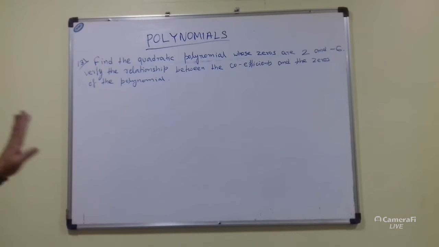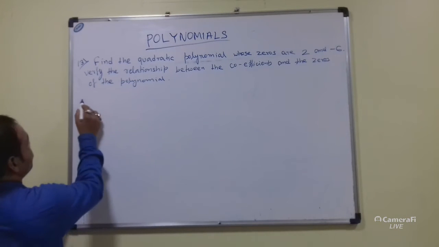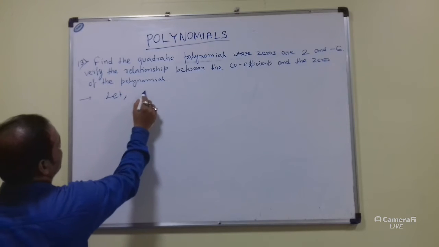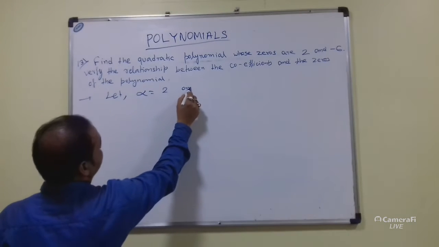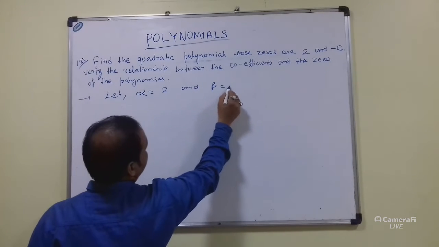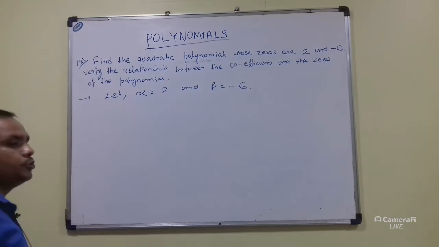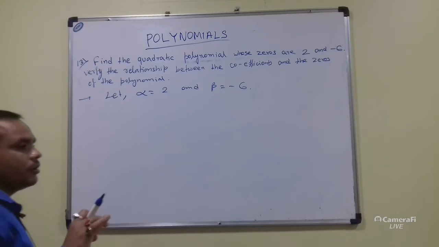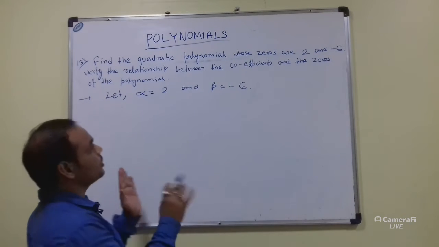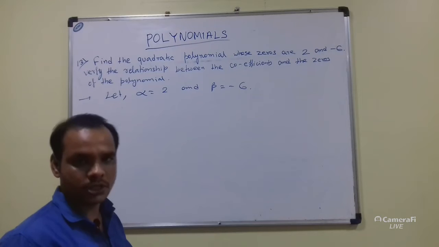So the question is, find the quadratic polynomial whose zeros are 2 and minus 6. Let alpha equal 2 and beta equal minus 6. These are the two zeros, and we know the formula to find a quadratic polynomial when two zeros are given.